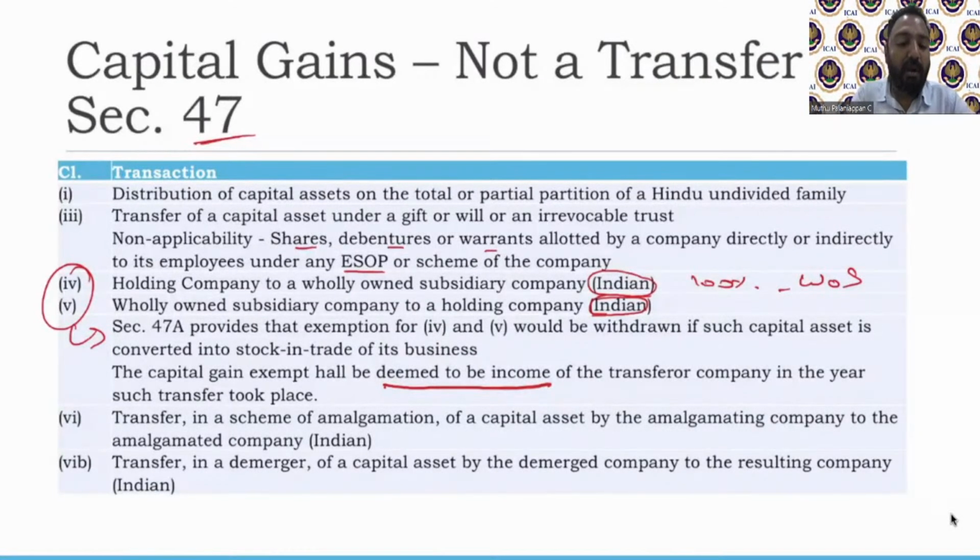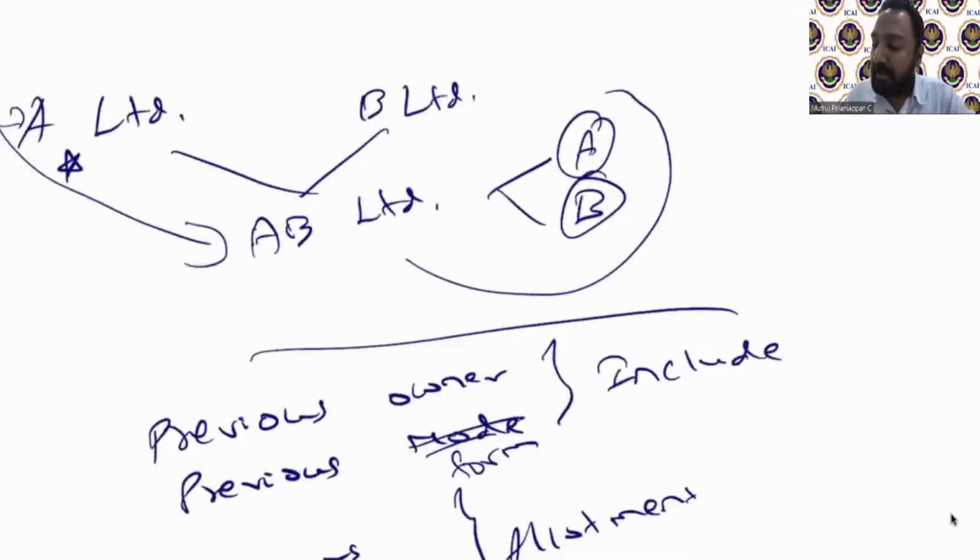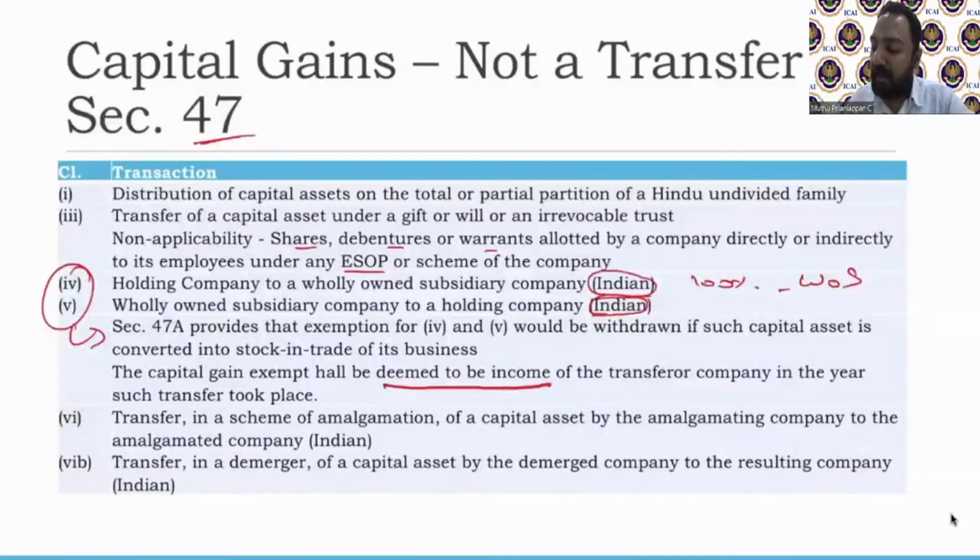So now the next concept is transfer in a scheme of amalgamation. When there are assets being transferred in amalgamation, in our example, let's say A Limited is transferring assets, then it is not a transfer. And similarly, transfer in a scheme of demerger.